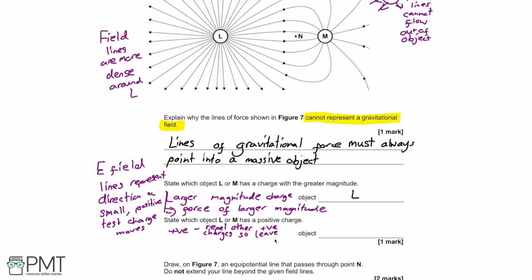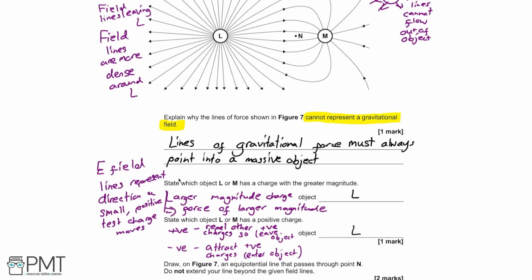Whereas negative objects, they want to attract positive charges, so their field lines must be going in towards them. Then, because we know that the field lines are leaving L, it must have a positive charge. Therefore, the answer for this one is also L.